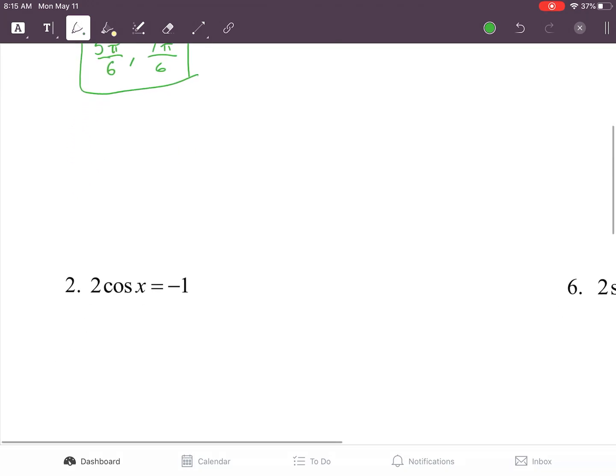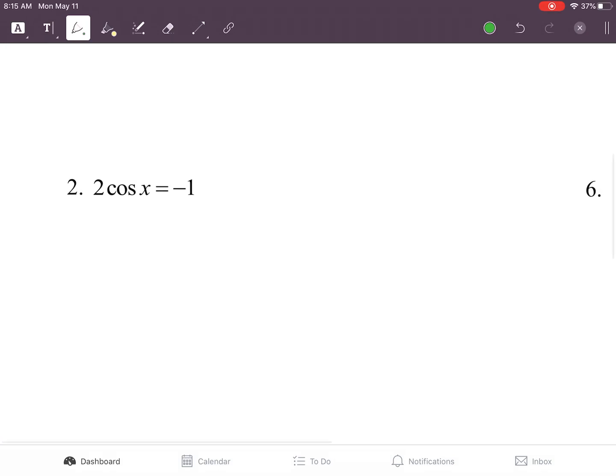Number 2. So we have to solve this for cosine of x. We have to get cosine of x by itself. To do this, we're going to divide both sides by 2. So cosine of x is equal to negative 1/2. Again, we're dealing with cosine, so this is the x term on your unit circle. So you're going to find all the instances where the x value on the unit circle is negative 1/2.